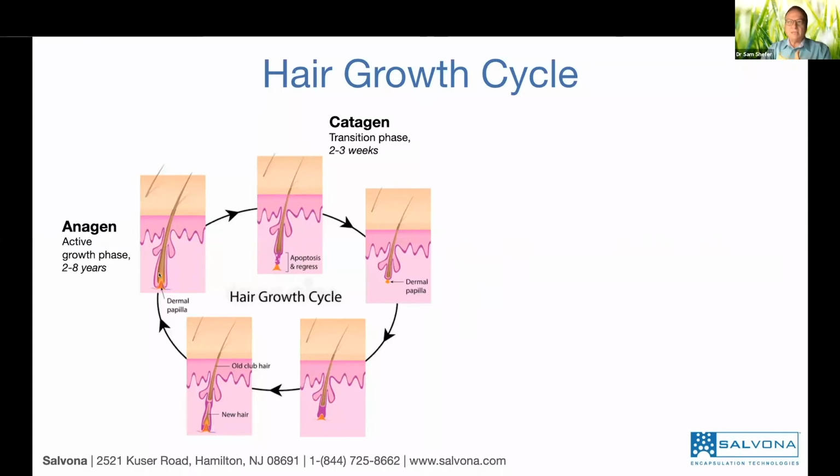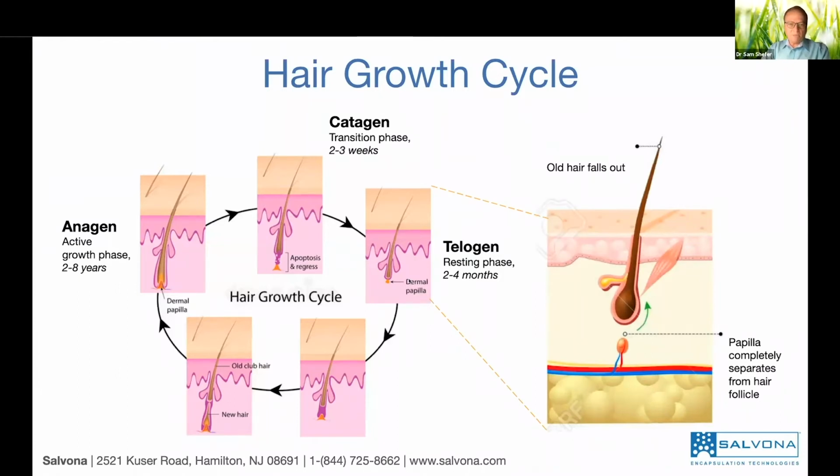how enriched is the papilla. Then the hair undergoes another phase, a transitional phase that's called catagen. And the hair is kind of disconnecting from the source, and it goes into the telogen phase. Telogen phase is characterized by being on a junction. Either the hair will fall out, as you can see in this diagram.